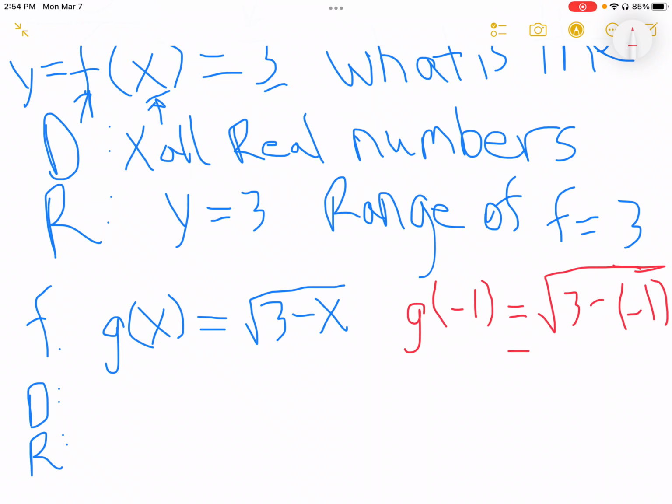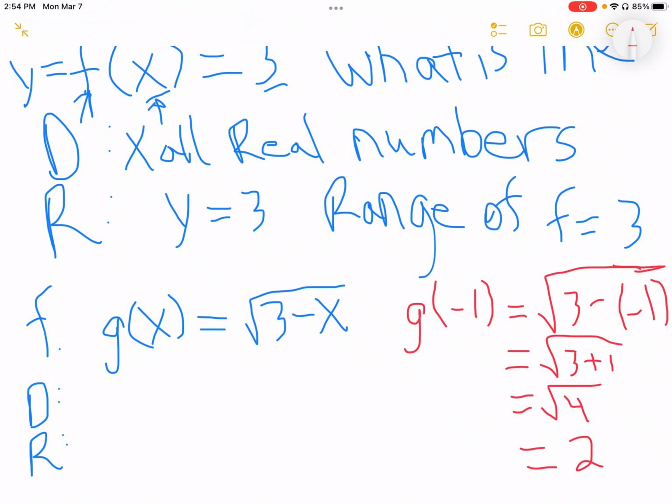So then we'd end up having to write square root of 3 plus 1, and then square root of 4, and then it's 2, right? Because the square root of 4 just means what number, when you multiply by itself, equals 4. So we'd say 2.